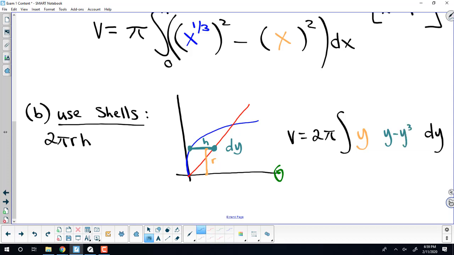Right minus left is the height. And y ranges from 0 to where? Also 1, yeah, to right there. So that's the setup for the shell method. Questions on either one of those?